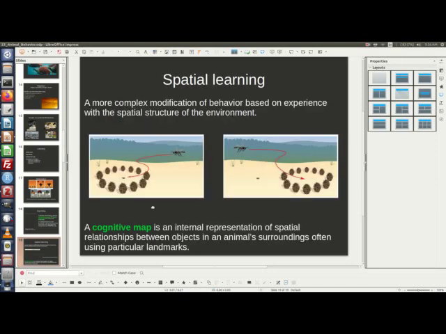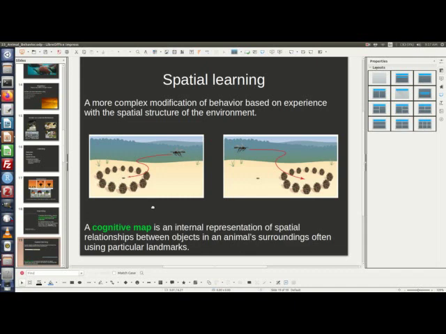All right, we've also got spatial learning. Okay. This is based on experience with spatial structure of the environment. So the digger wasp example here from your textbook, okay, digger wasps were shown to have built a cognitive map of where they were. Okay, they go out, they bring food back to their young larvae, all right.